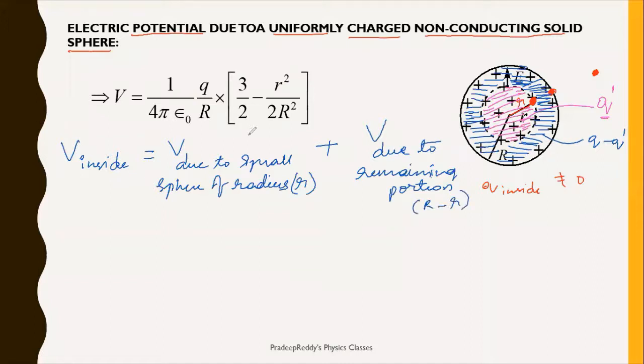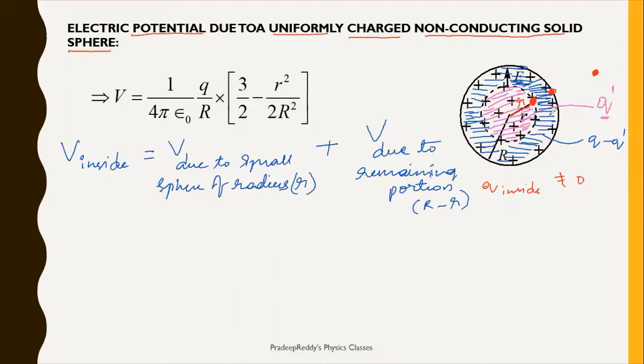Outside also there is some charge, and that charge is Q minus q dash. You need to find out potential because of that also.